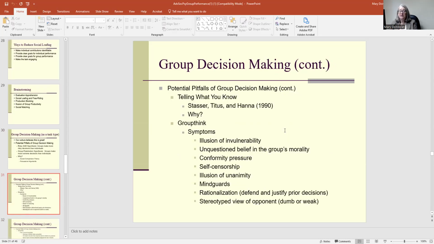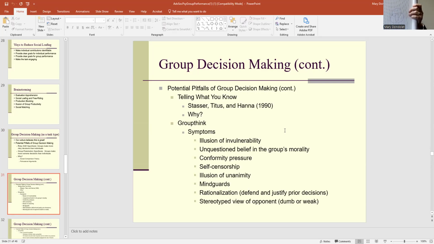Okay, another potential pitfall in group decision making is telling what you know. I'm going to make a very quick little graph here. One reason we think it's a good idea to have people make decisions in groups is that we think we'll get much more information if we have more people talking about the decision they're going to make.